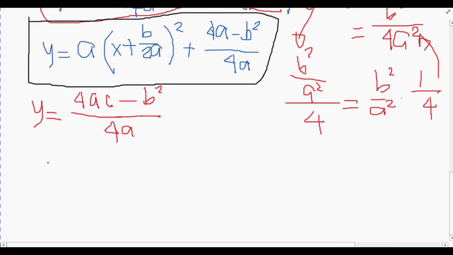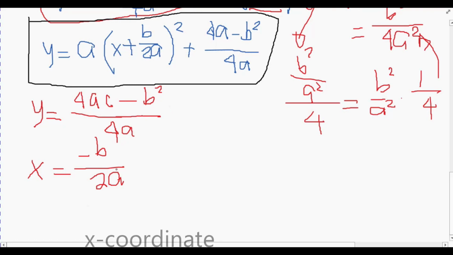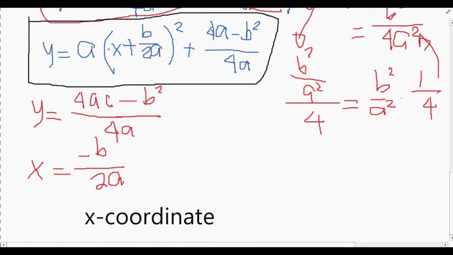Since this is positive, it becomes negative, so x equals negative b over 2a. So this is your y coordinate, and the value of your x coordinate.